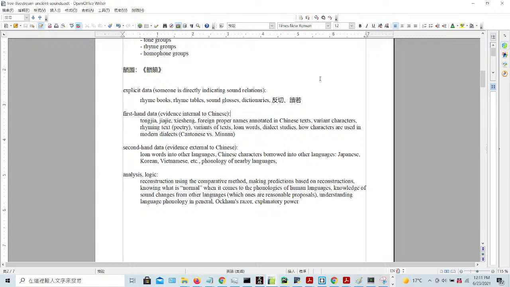And then you have things like sound glosses, where in some ancient text, a commentator is commenting on a part of the text, and they're saying, this character sounds like that character, or this character has this 反切 spelling, or something like that. We have dictionaries, like the 说文解字, which actually points out the sound component of characters.